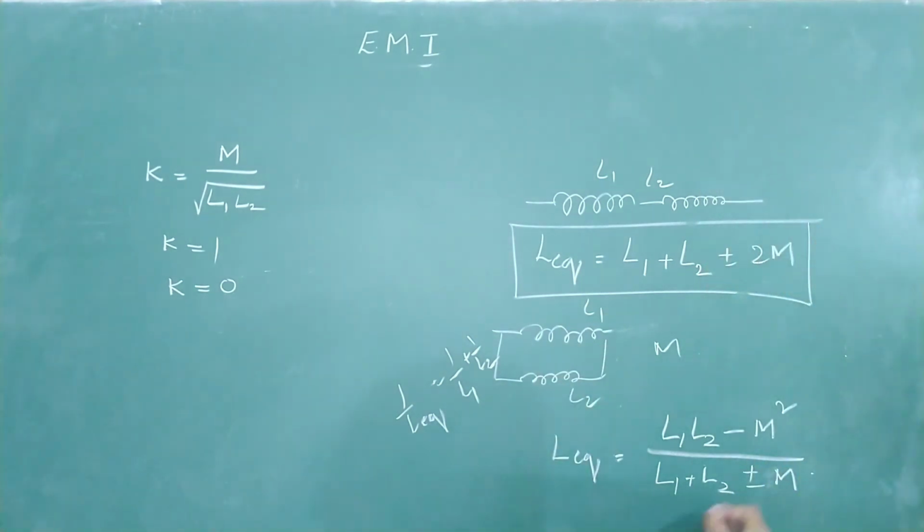But in the presence of mutual inductance, we make use of this relation. If the current in the coils is in the same order, this will have a minus sign. In reverse order, you will take a plus sign.